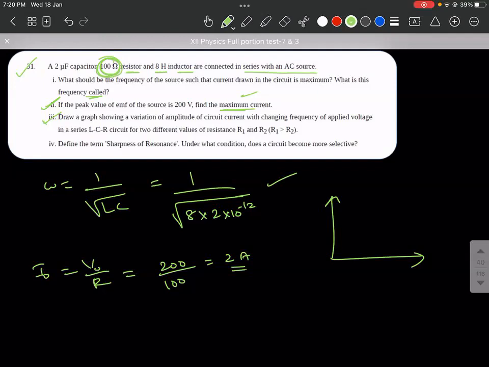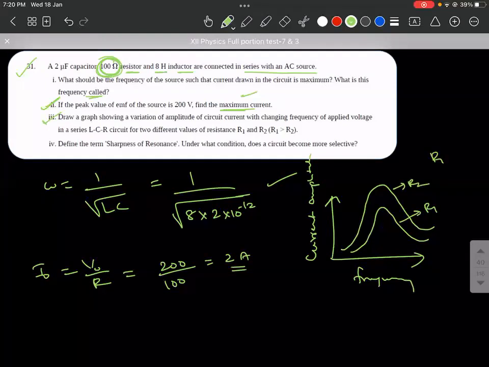It shows the variation of current amplitude versus frequency. You would have observed a graph like this. Here it is R1, here it is R2. R1 is greater than R2, that is why the current is less. Correct?